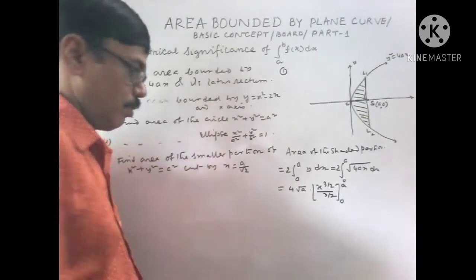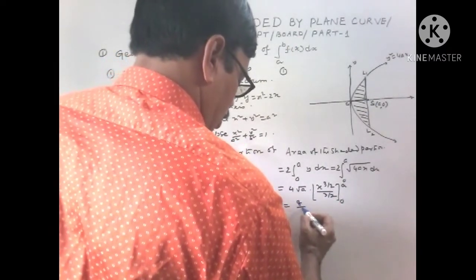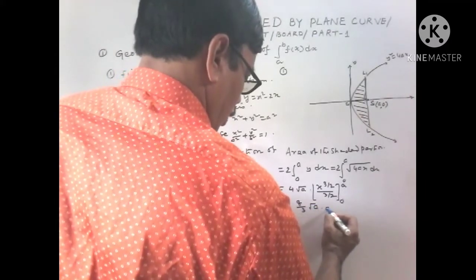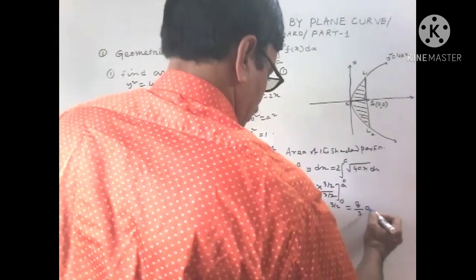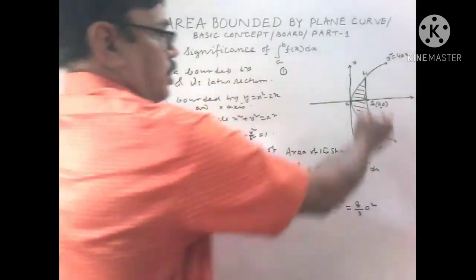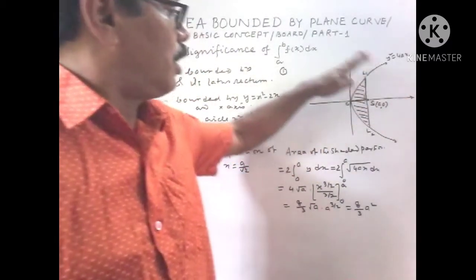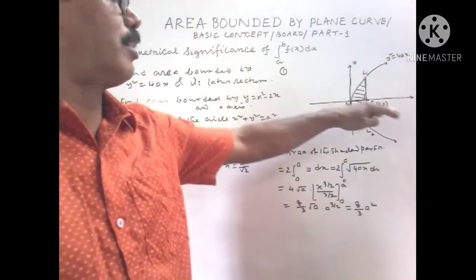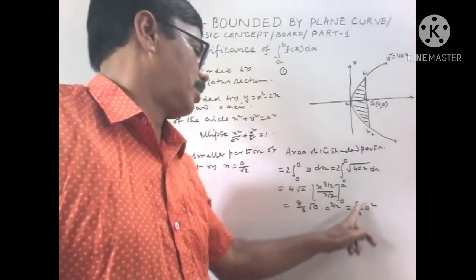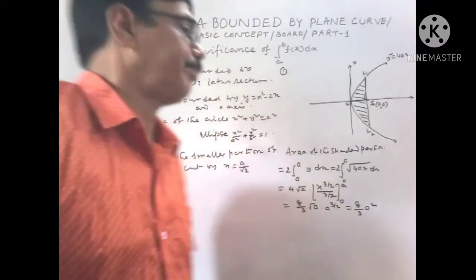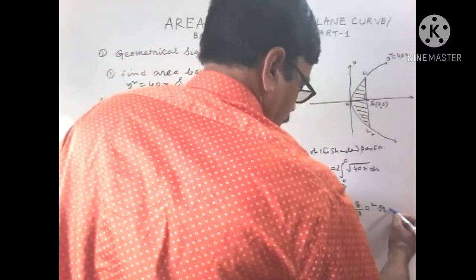Now if we simplify, this is 2 by 3. So 8 by 3 root a into a to the power 3 by 2, so 8 by 3 a squared. So this is the area of the total part. If it is stated that the area above the x-axis, then only y dx, that is 4 by 3 a squared. So the area is this many square units.